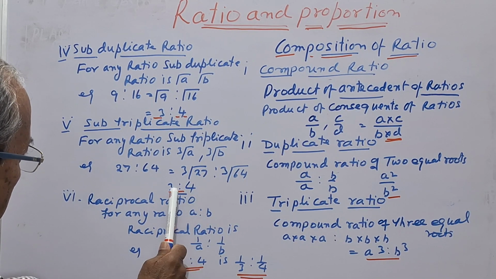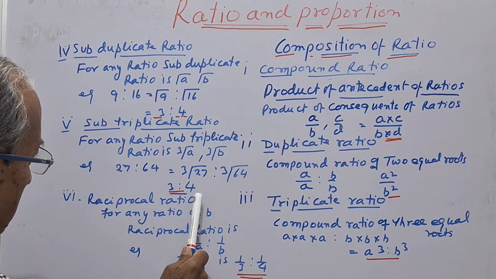So cube root of 27 is 3, cube root of 64 is 4, that is 3:4.